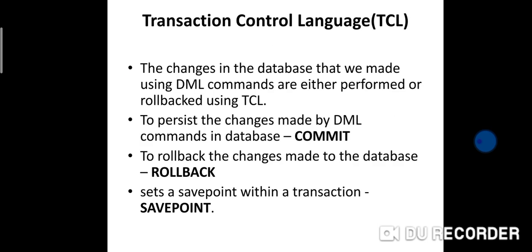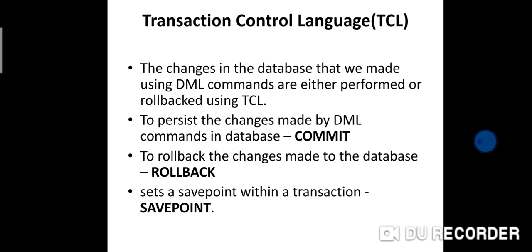Then we go for TCL, that is transaction control language. These commands deal with the transactions within a database. These commands are used to manage transactions in the databases. They are used to manage the changes made to the data in the tables by DML statements. It allows statements to be grouped together in a logical transaction. Here we have four TCL commands: commit, rollback, savepoint and set transaction.